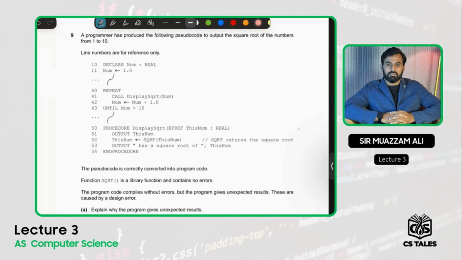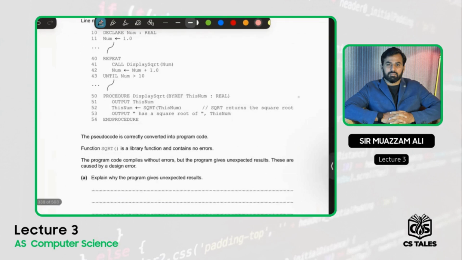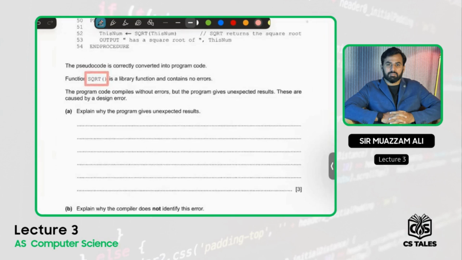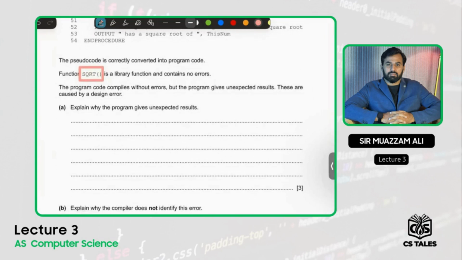Then another procedure. It asks whether the procedure is correctly converted into program code. The function sqrt, the square root function, is a library function and contains no errors. The program code compiles without error, but the program gives unexpected results. These are caused by a design error.